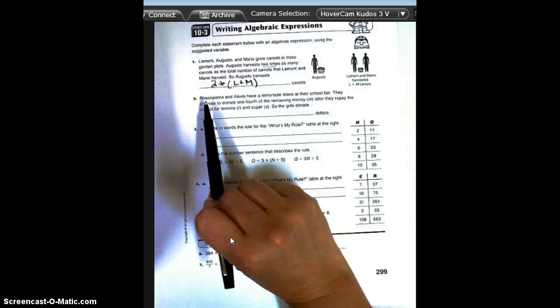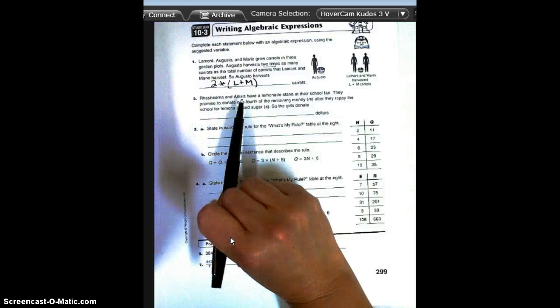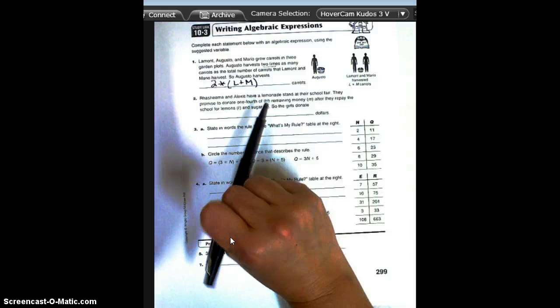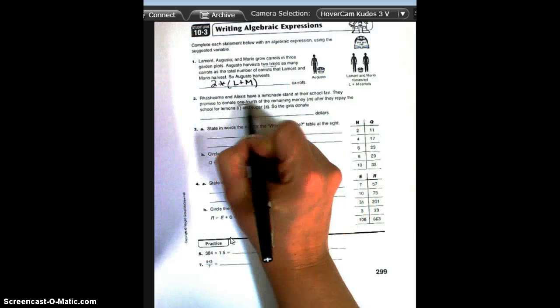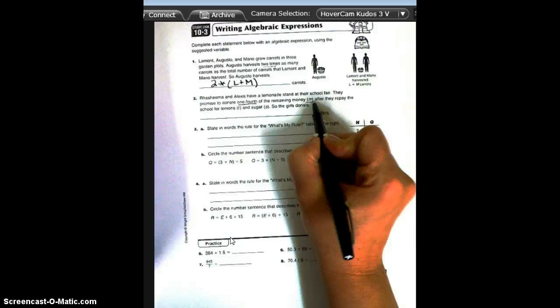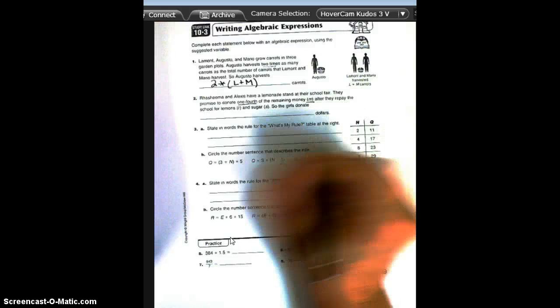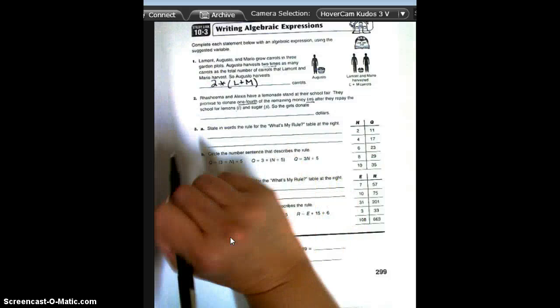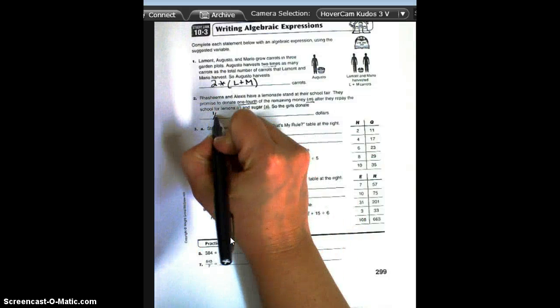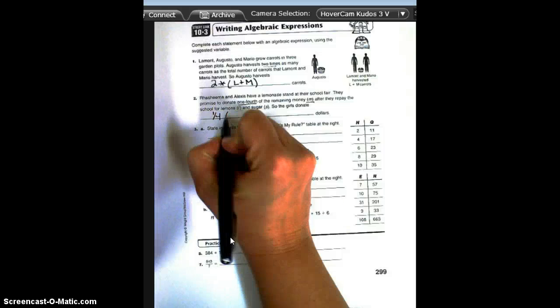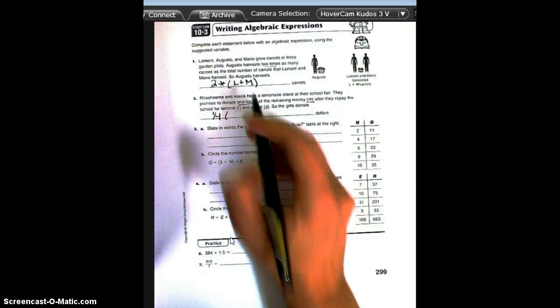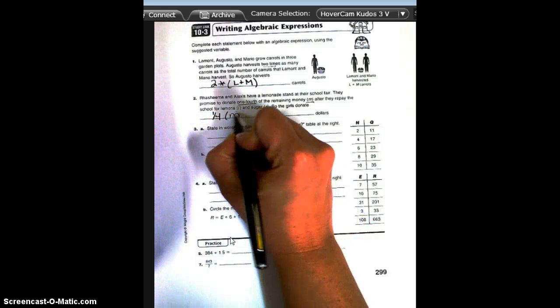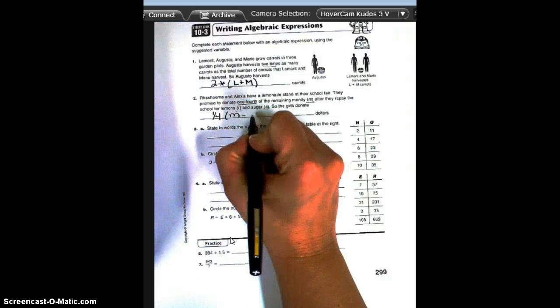Let's see, Rashmia and Alexa have a lemonade stand at their school fair. They promise to donate 1/4 of the remaining money, which is called M here, after they repay the school for the lemons and the sugar. Okay, so 1/4 the quantity of M, which was the total, after they have repaid the lemon and the sugar.